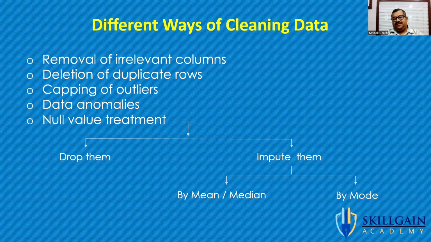So in normal cases, we impute null values by the mean if the column is numerical, and by the median when extreme values are present. And if the column has categorical values, then we replace by mode. Mode means the most frequently observed level of that particular column.